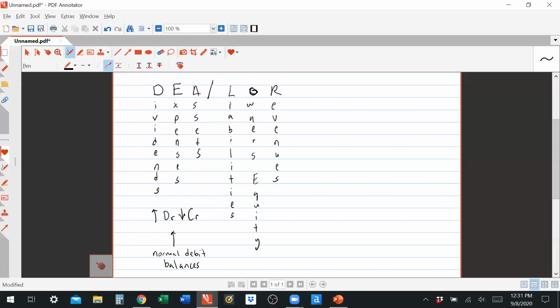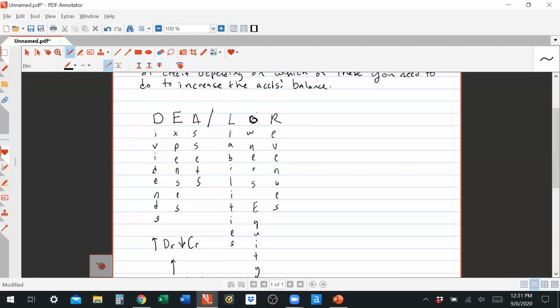Revenues. So if an account is a liability account, if it's a common stock or retained earnings, that's an owner's equity account, or if it's a revenue account, then those accounts have normal credit balances, which means you increase them with a credit, you decrease them with a debit.